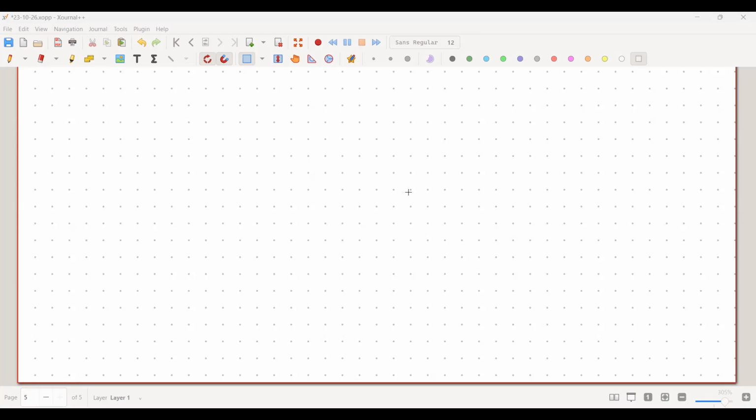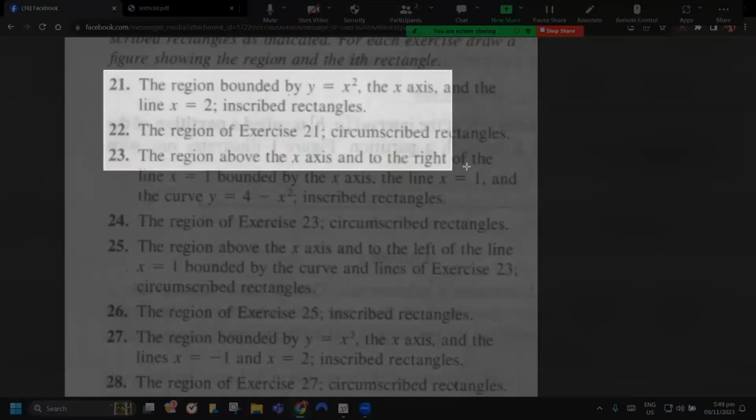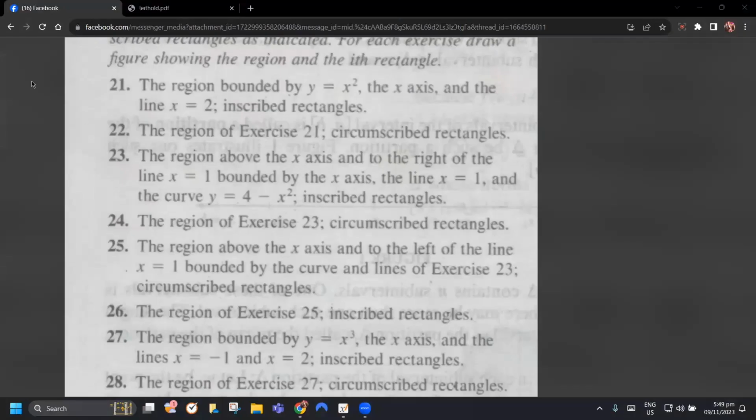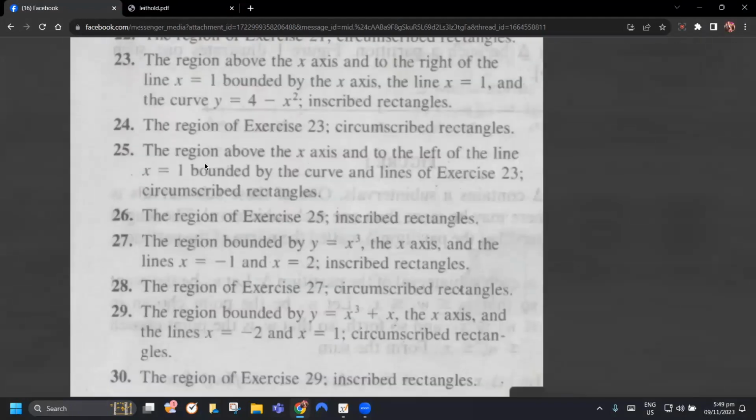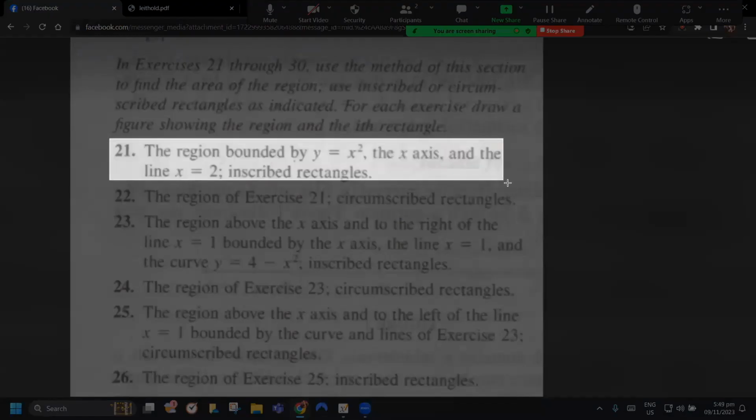So, what is the thickness of the rectangle? And then, what is the value of x sub i? So x sub i is equal to, where i runs from 1 to n.